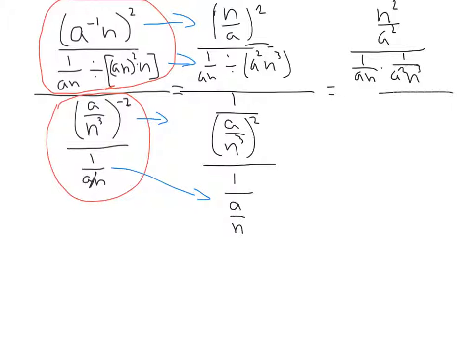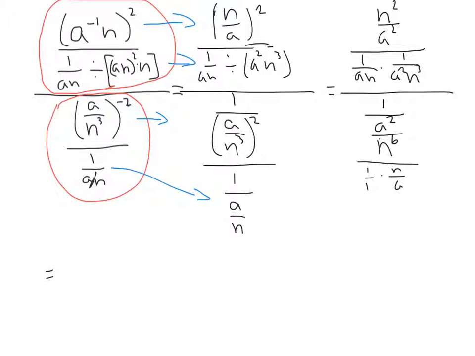And this is all going to be over 1 over a squared over n to the sixth, and that's going to be over 1 over 1 times n over a, if we apply the flip rule there.